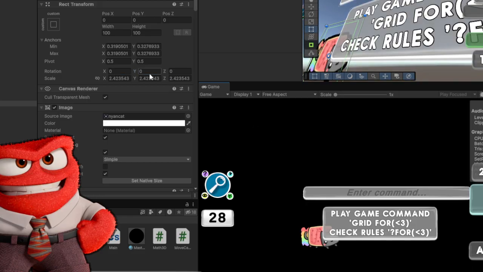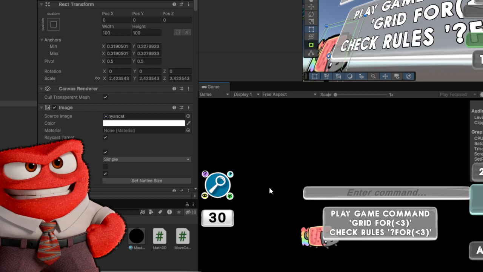But how would you modify Euler angles if you wanted the cat to rotate towards your mouse? What would you do? What I did is solve the problem that was plaguing me for the longest of time. I solved rotation.